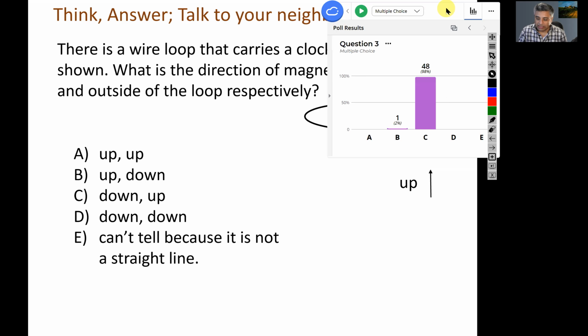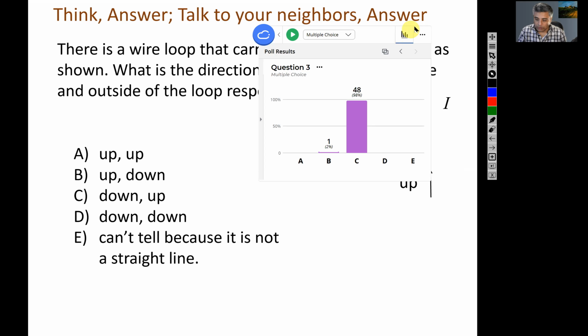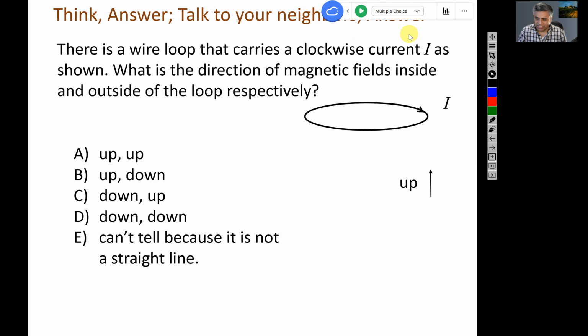Let's see what we got. Almost all of them are C, except one. Can somebody explain why C is the correct answer here? How did you figure that out?